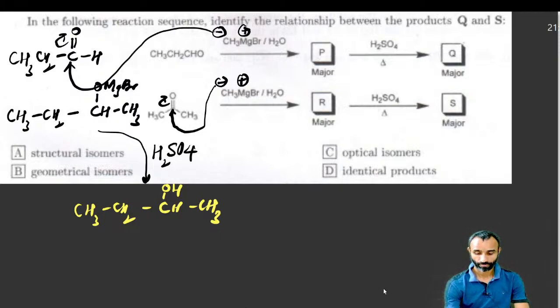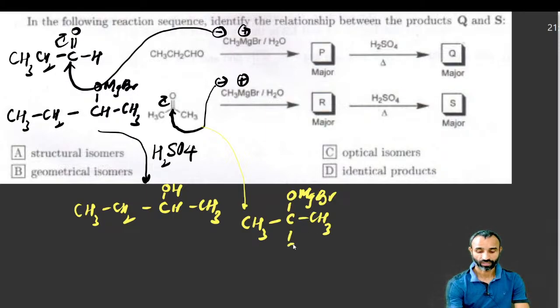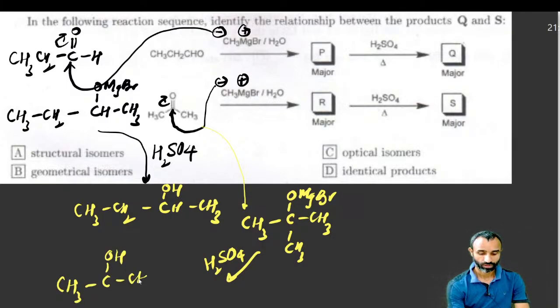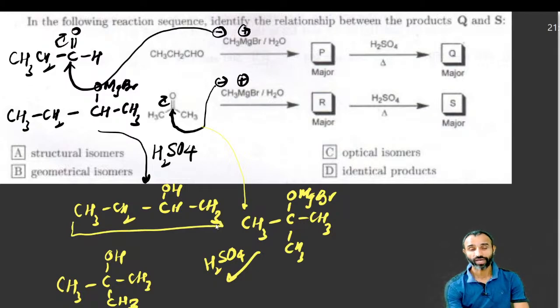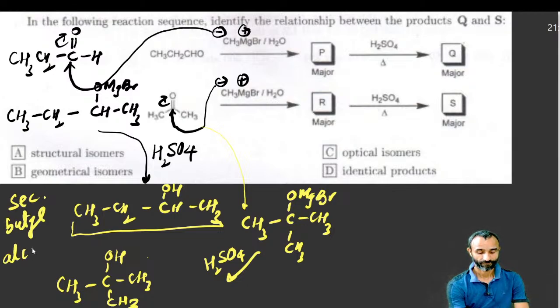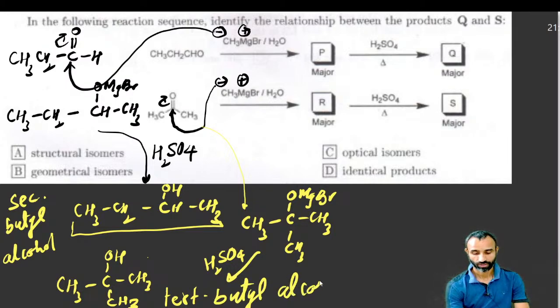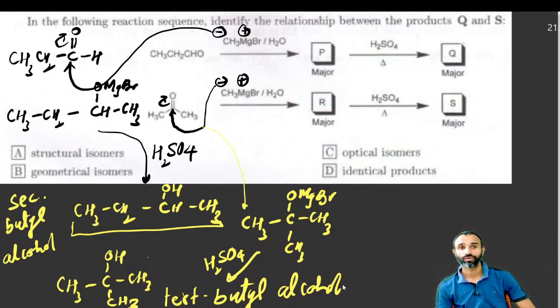So we get CH3C(OMgBr)CH3CH3, and then on treatment with H2SO4, we get tertiary butyl alcohol. So the first one is secondary butyl alcohol, the other one is tertiary butyl alcohol. So they are isomers.